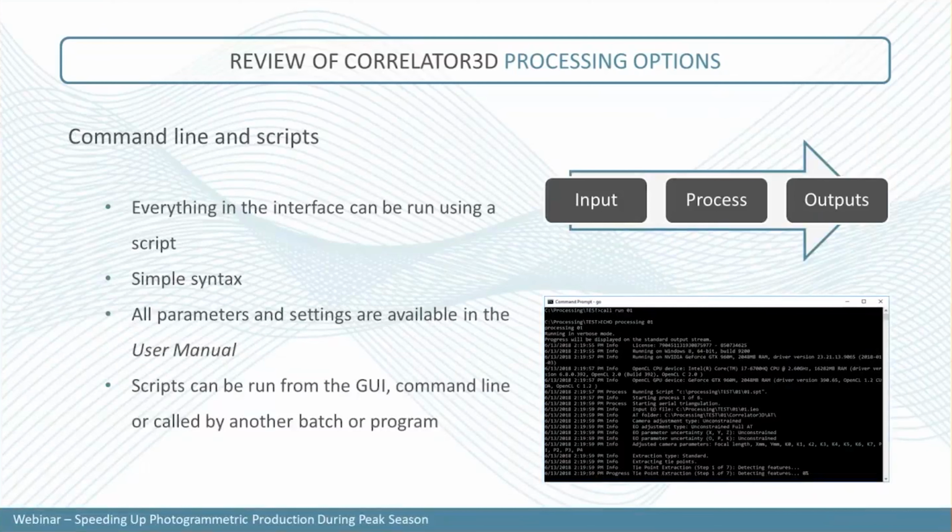So basically, we have an input, you can select a process, and then you have an output at the end. The syntax of those scripts is pretty simple. It's our own syntax that can be found in the user manual. I will talk a bit about how you can build some scripts later on in the presentation.